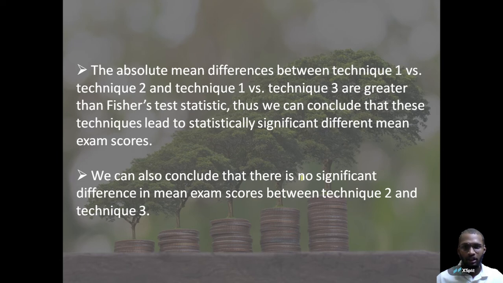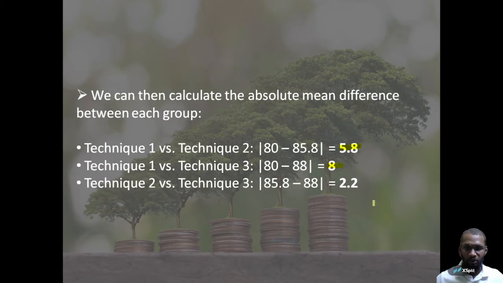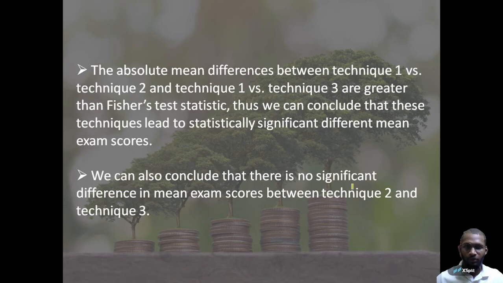Thus we can conclude that these techniques lead to statistically significant different mean exam scores. We can also conclude that there is no significant difference in mean exam scores between technique 2 and technique 3. As you can see, 5.8, 8 and 2.2. The technique 2 versus technique 3 was explained in this particular slide.